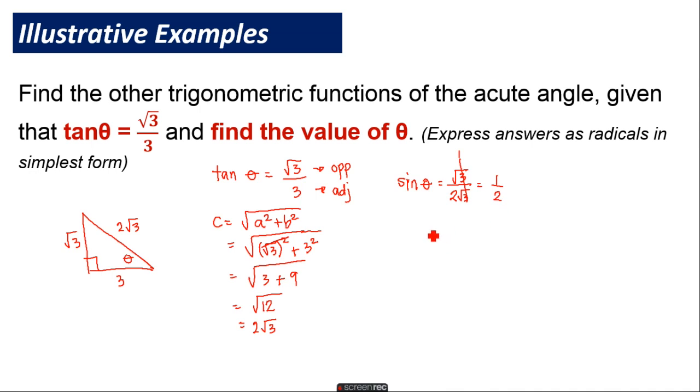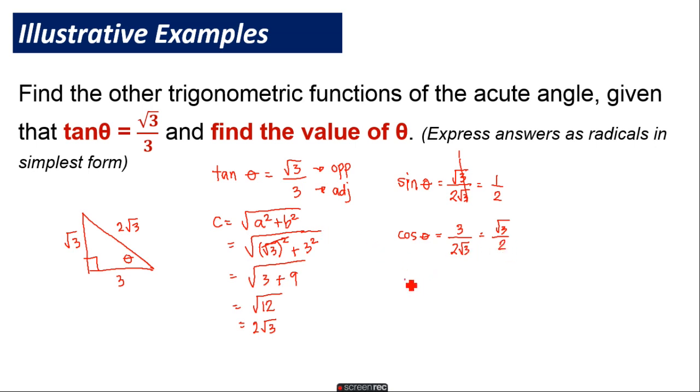Then we have cosine theta, which is adjacent over hypotenuse, so 3 over 2 square root of 3. Further simplifying, just input in your calculator, this will be the square root of 3 over 2.